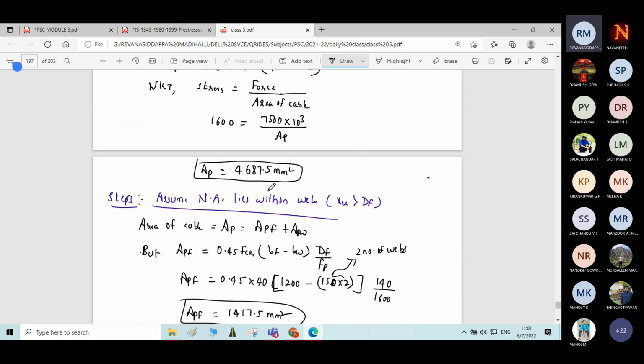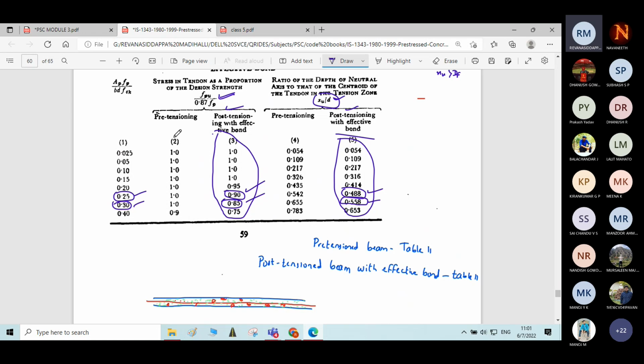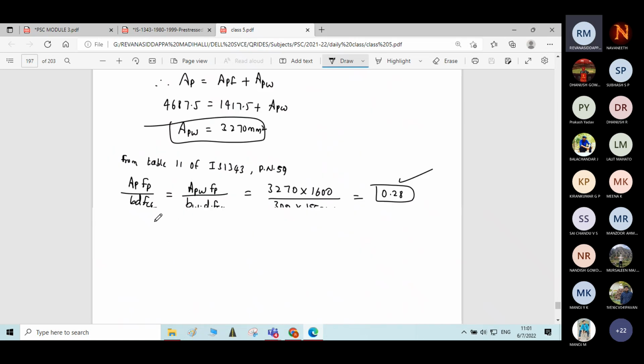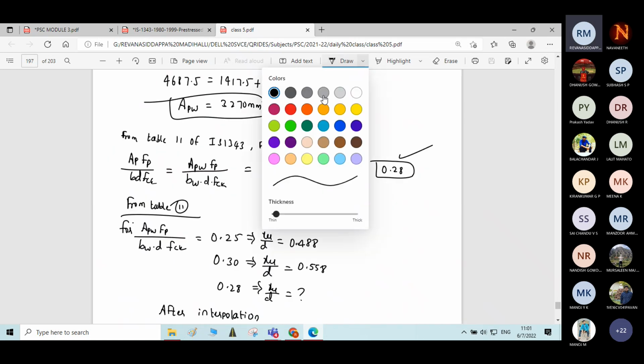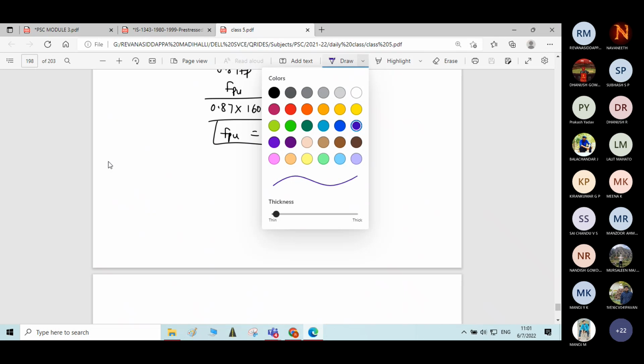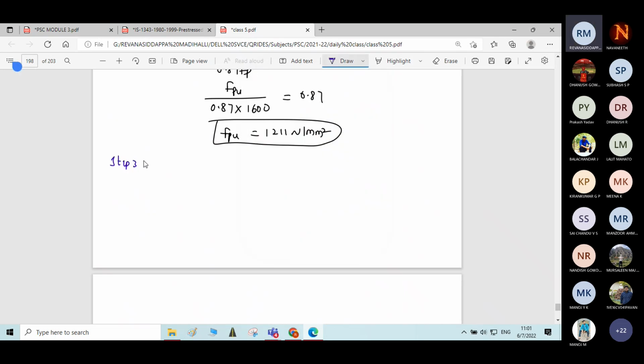You can estimate the moment of resistance using the second case formula. What is the formula? Let me write the formula. Last step, step 3.